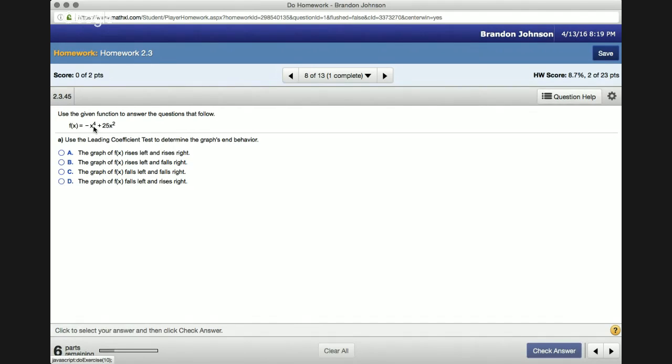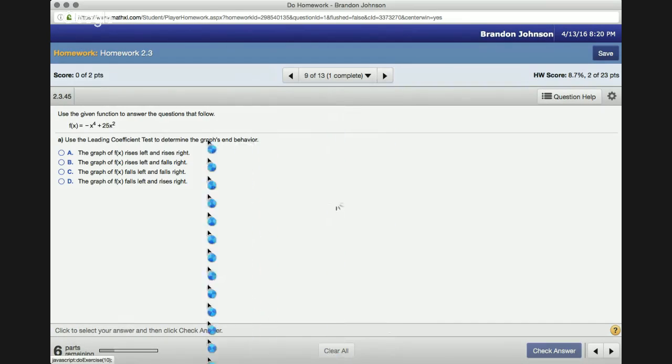You can look on your rules on that podcast that I posted, but with an even exponent and a negative lead coefficient, it will both fall to the left and to the right because it's negative. So it'd be like a parabola that goes downward, okay? Because again, our rules state even degree with a negative lead coefficient, it will go downward, okay? Check out those podcasts. Those will help you out.